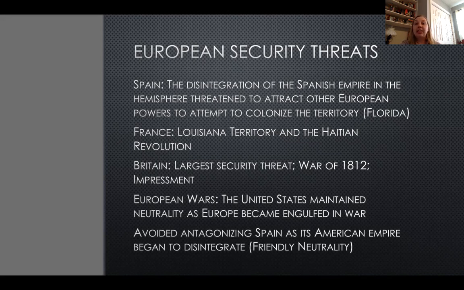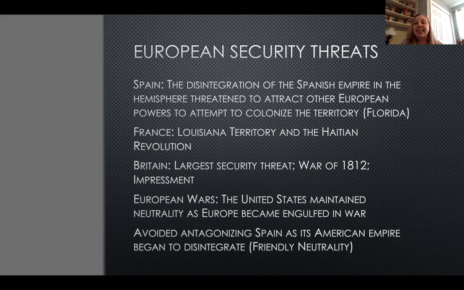As far as France is concerned, the United States is very concerned about the ability of the French to launch an attack from the Louisiana Territory. The United States also very much wants the Louisiana Territory because it would like to control both banks of the Mississippi River to control merchant traffic, as well as to protect itself against attack.